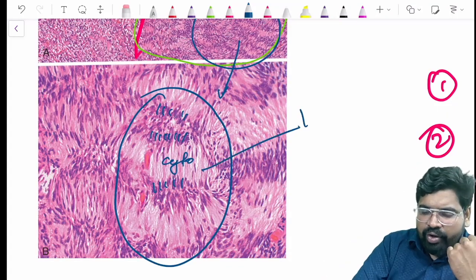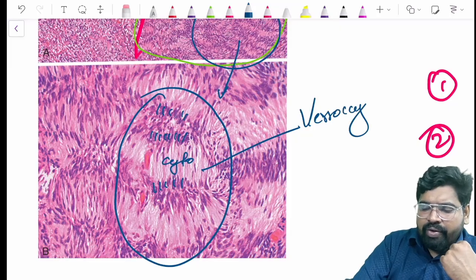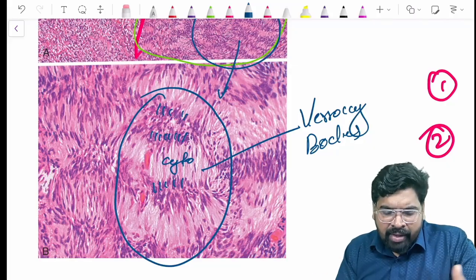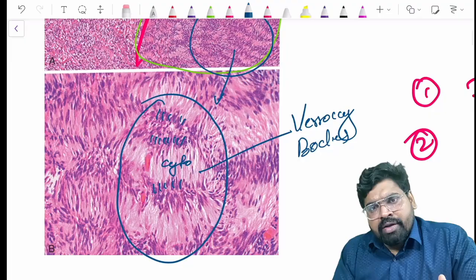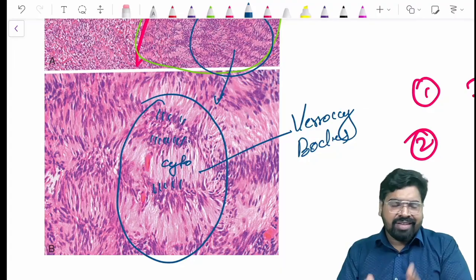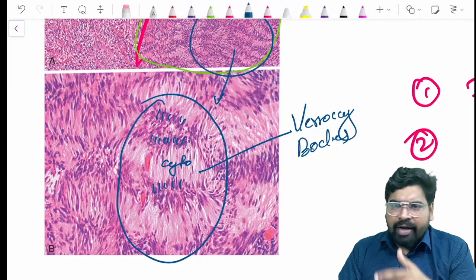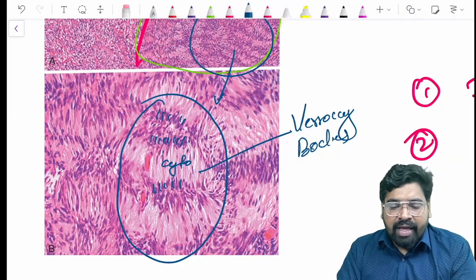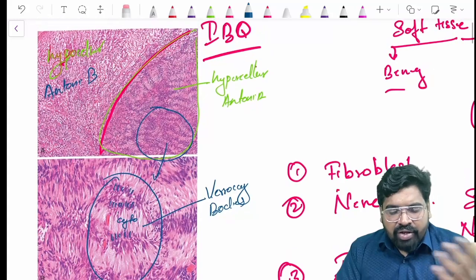This is called a Verocay body. Verocay bodies are seen in your Antoni A areas. They may ask a question whether Verocay bodies are seen in Antoni A, Antoni B, or both. Verocay bodies are seen where cells are more, that is your Antoni A area. So this is a picture of your schwannoma.